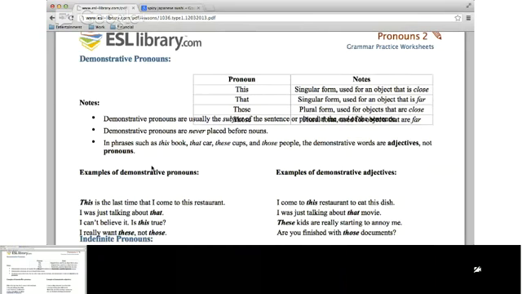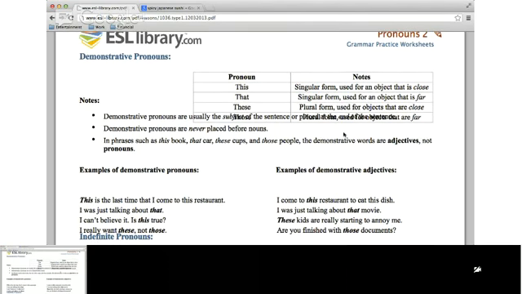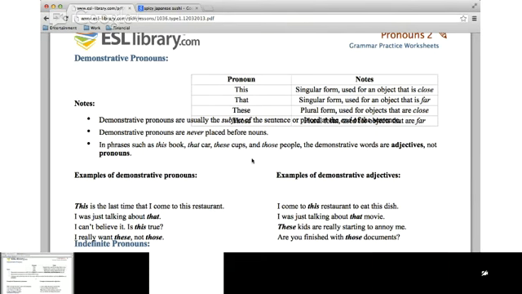Example of demonstrative pronouns. Yes, it's the chart here. So you would say pronoun, this, and then go ahead and read the notes. Pronoun this: singular form used for an object that is close. That: singular form used for an object that is far.